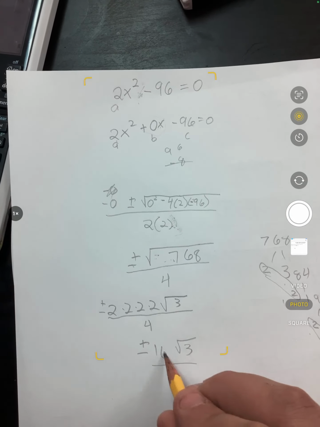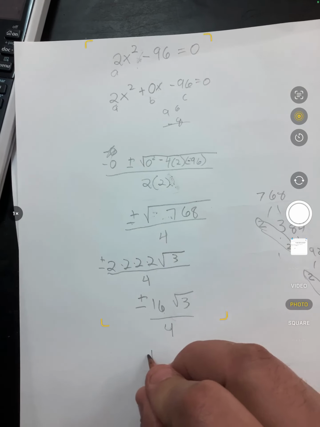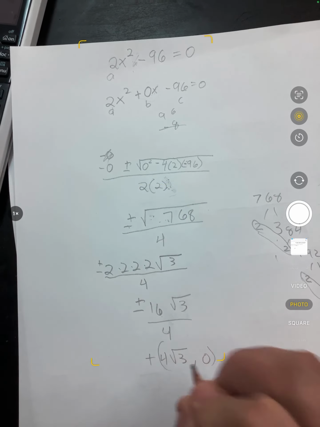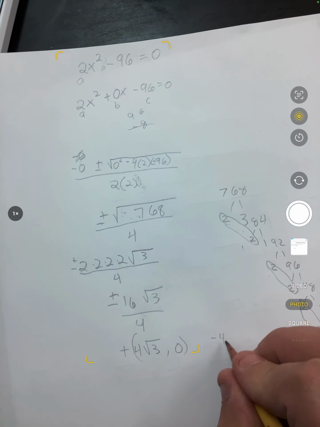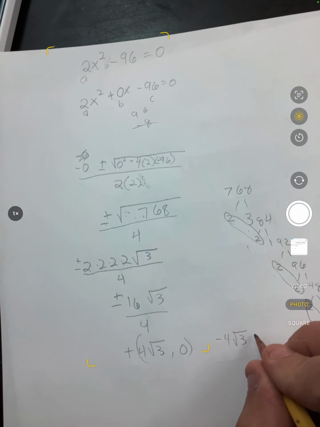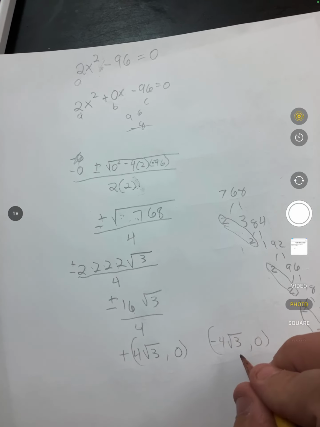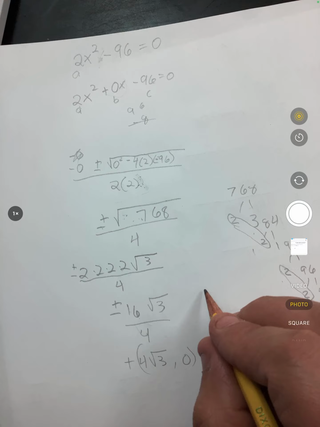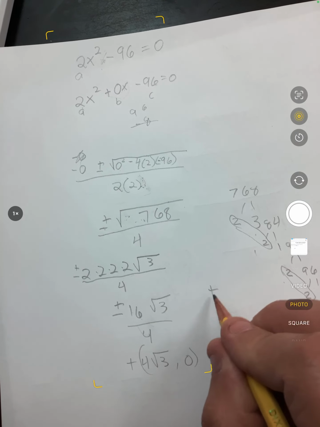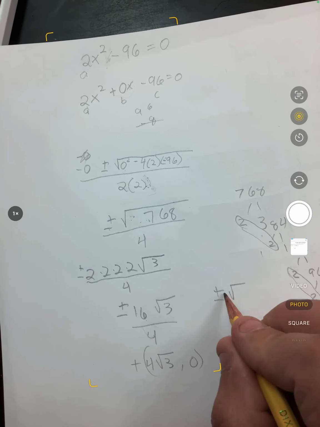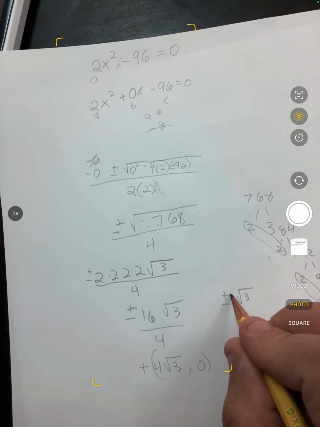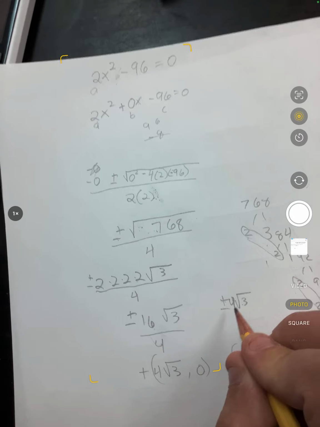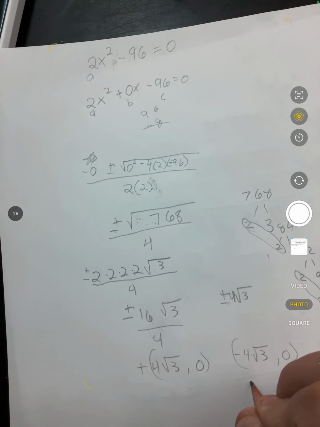16 and 4 can divide equally. I get a positive 4 times the square root of 3, 0. And I get a negative 4 times the square root of 3, 0 as my other one. Because if this simplifies to plus or minus the square root of 3 with a 4 in front of it, then positive 4 root 3 and negative 4 root 3 would be applied here.